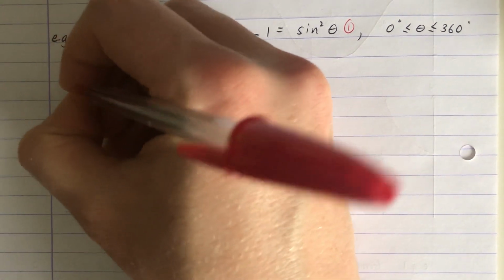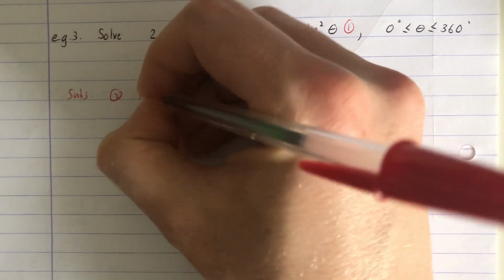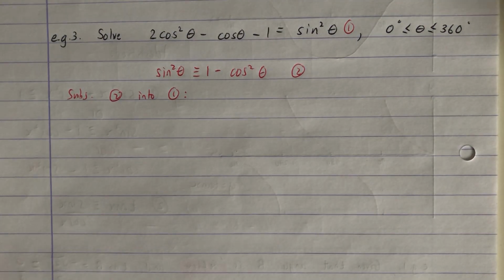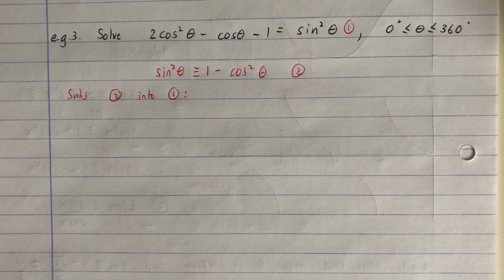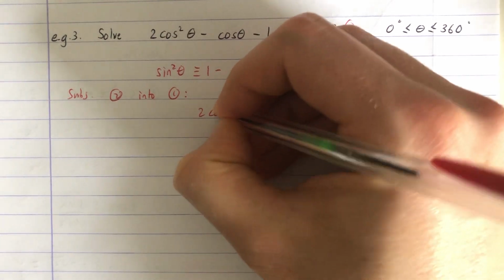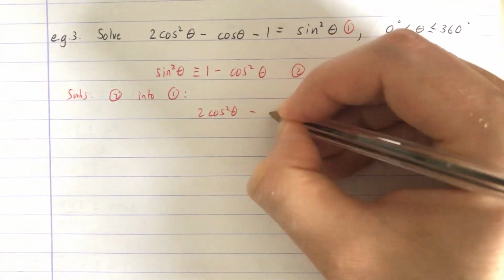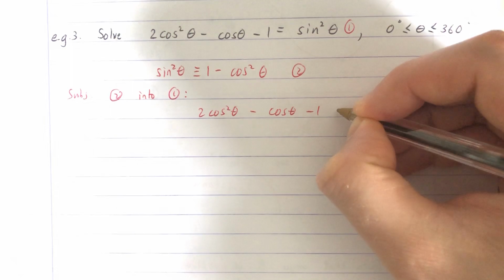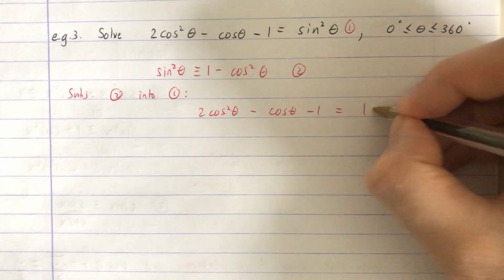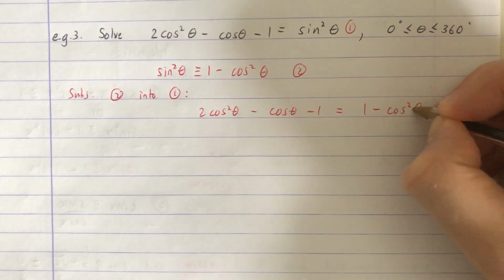So substitute 2 into 1 and you get 2 cos squared theta subtract cos theta subtract 1 is equal to 1 subtract cos squared theta.